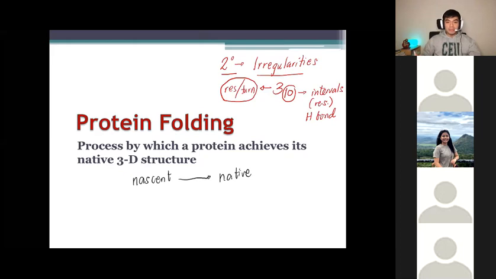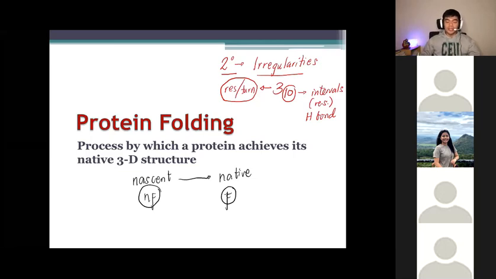In other words, pag sinabi nating nascent to native, we are making a non-functional polypeptide into a functional one para magkaroon na siya ng biological role inside our body.